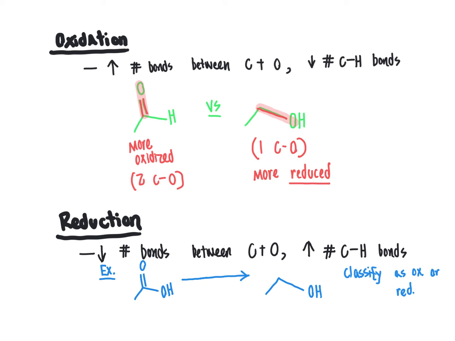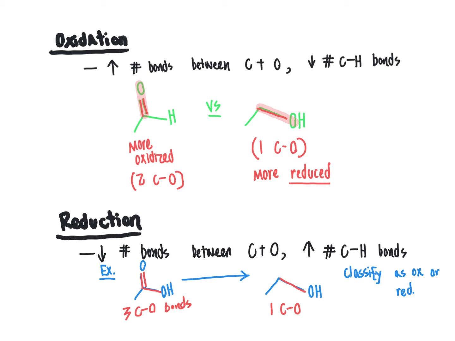Looking at this, we start with 3 carbon-oxygen bonds because we have 2 carbon-oxygen bonds here, 1, 2, and then a third one running over to here, so that's 3 in total, versus over here we only have 1 CO bond, that's from here to here, and so our number of CO bonds has decreased.